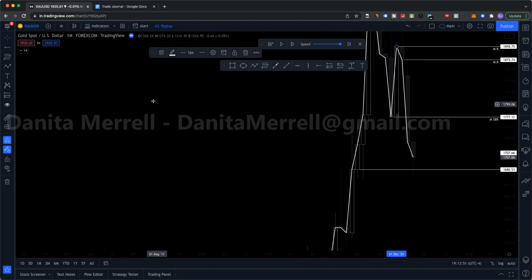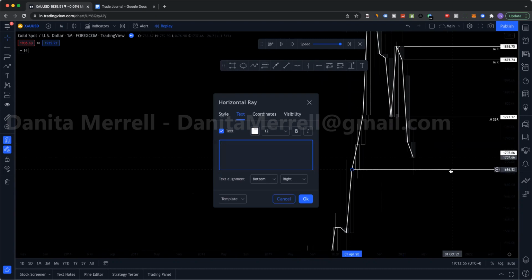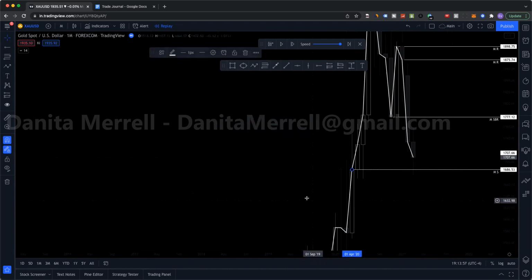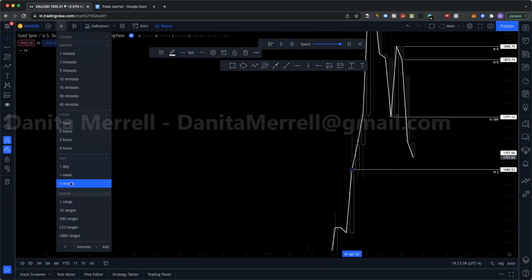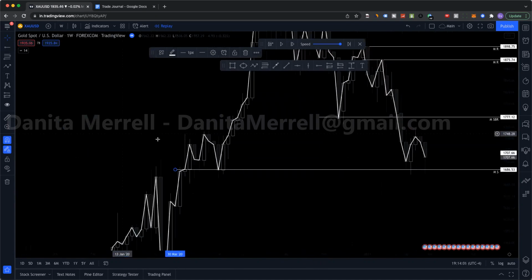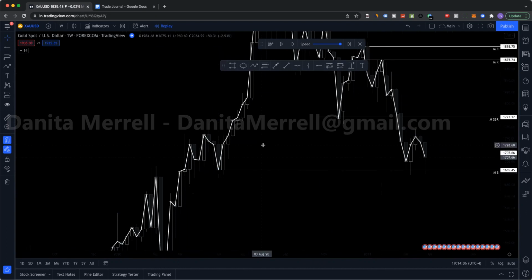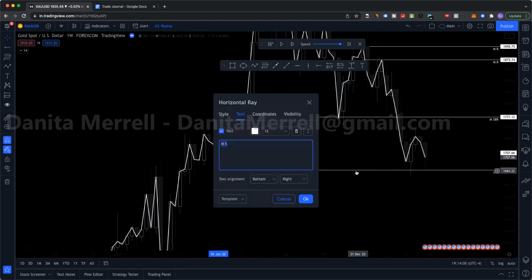Everything looks good, looks dandy. This is monthly support. And then we can see that that monthly support traded to a weekly support, because the weekly is underneath the monthly.